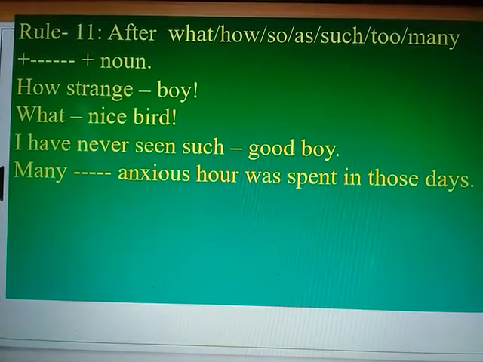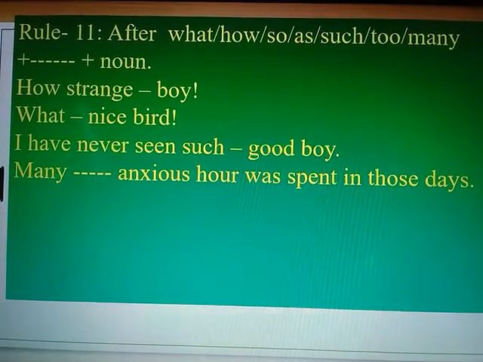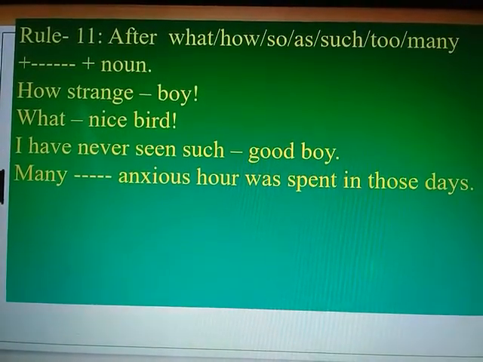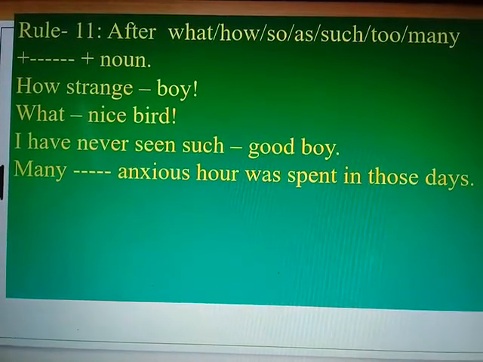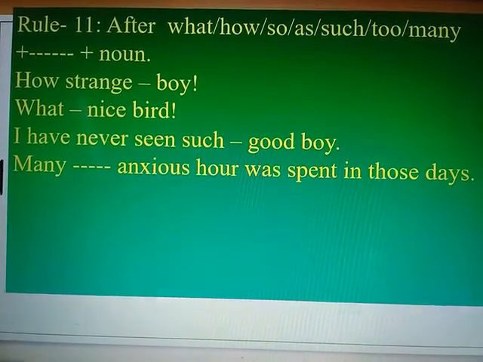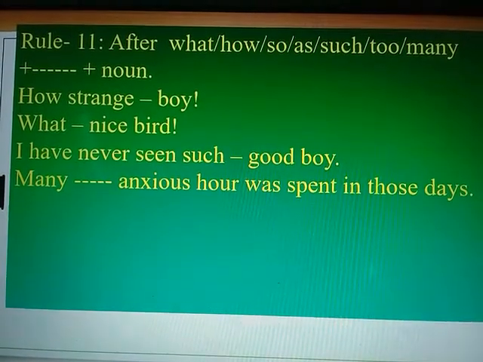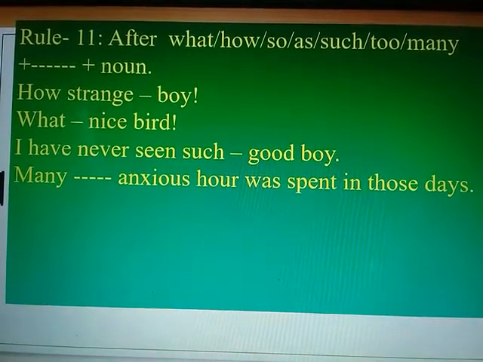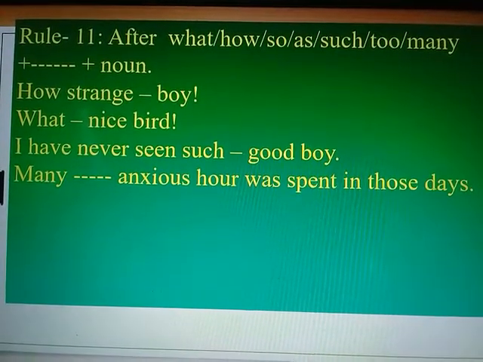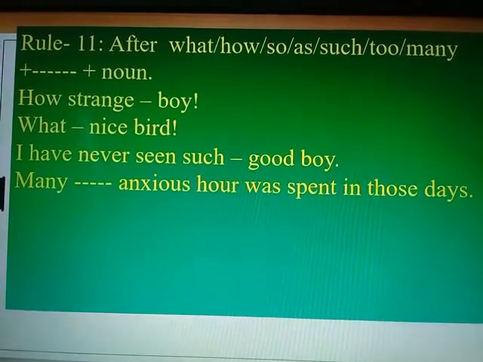What a nice bird. I have never seen such a good boy. Many an anxious hour was spent in these days. Always remember, after these words, we have to use a or an before the next noun.